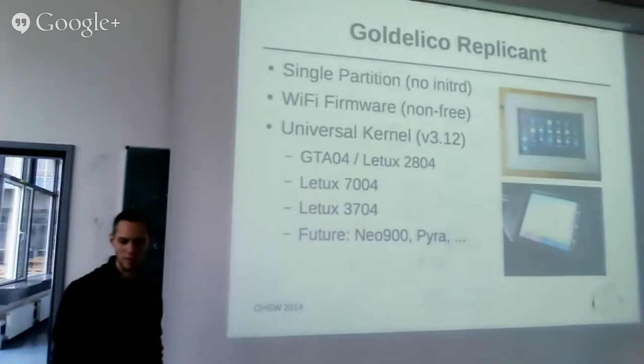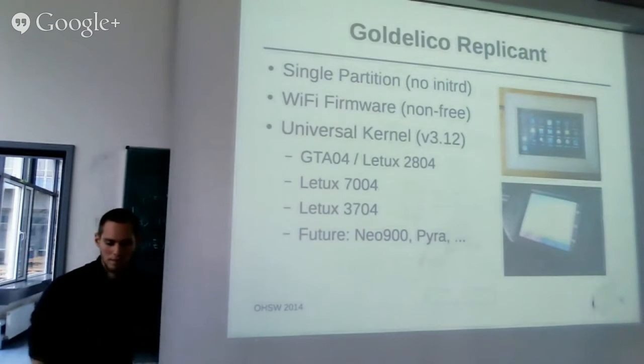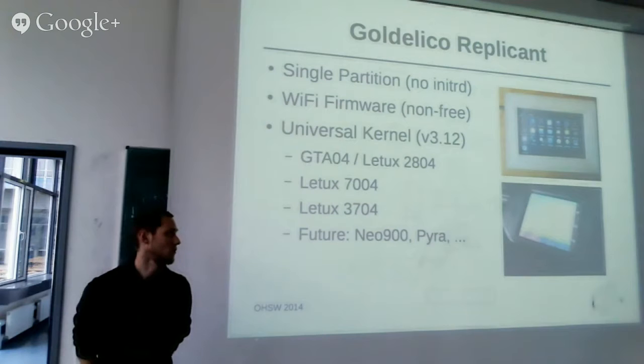So, okay, this is the rough inheritance of the Android open source code. Now, what is special about the Goldelico Replicant version? The Goldelico Replicant version was started because there was no official support for the GTA04 in Replicant at that time. In the meanwhile, the Replicant project officially started to support the GTA04.